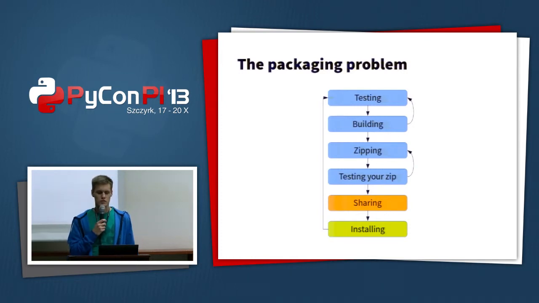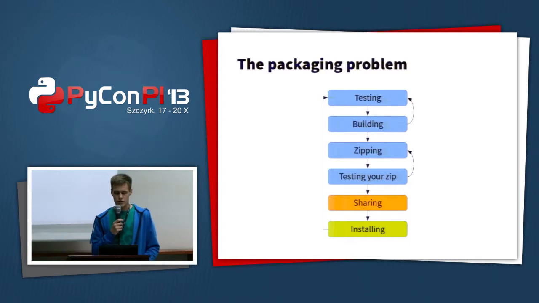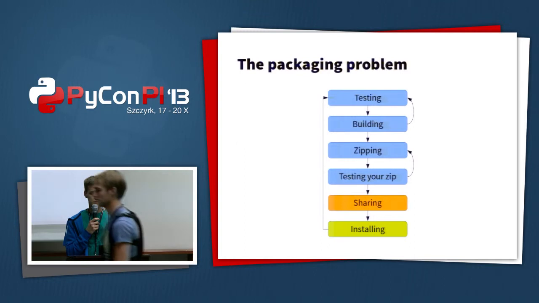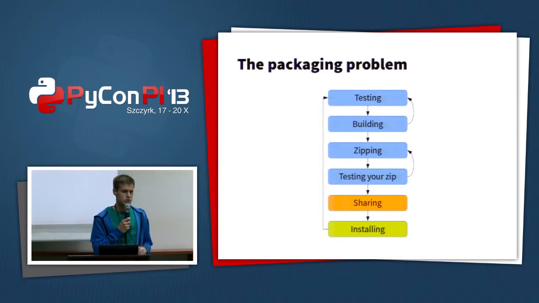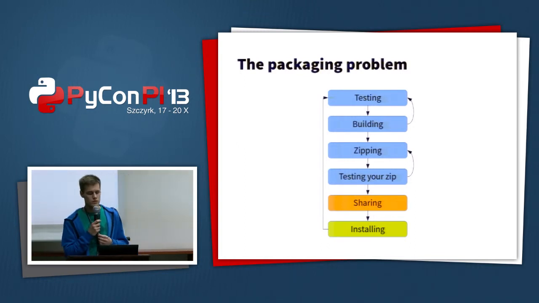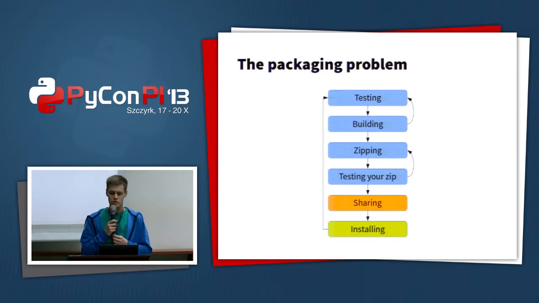You might wonder why I put sharing and installing in these flowcharts. This is because the solution you choose determines the way you will distribute your code and install it.